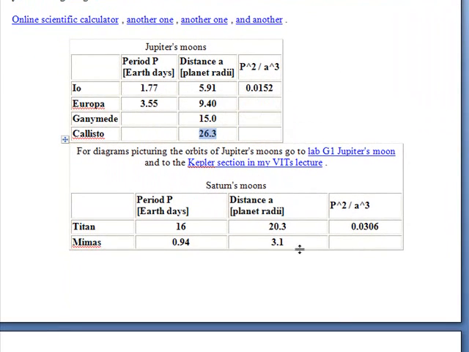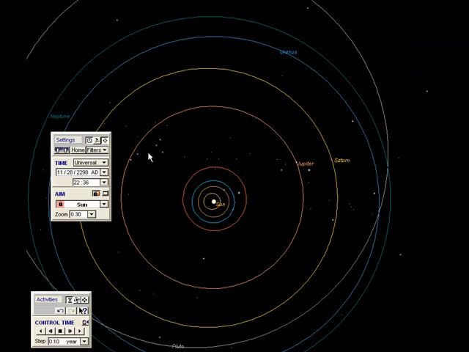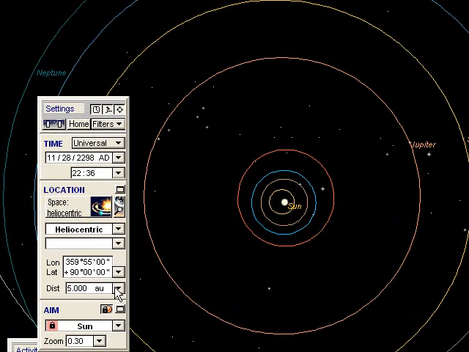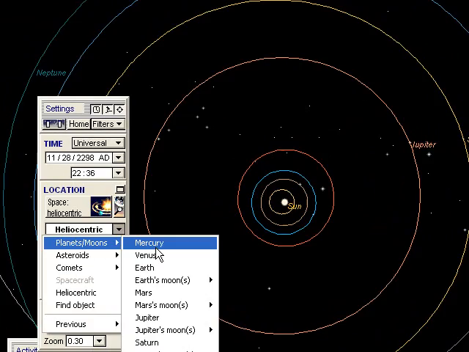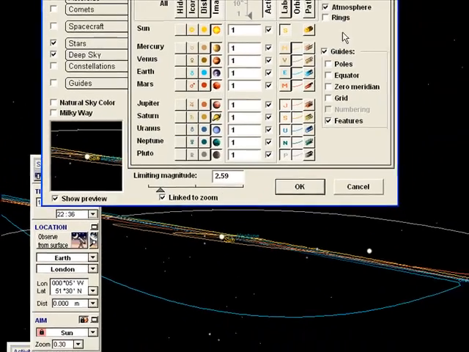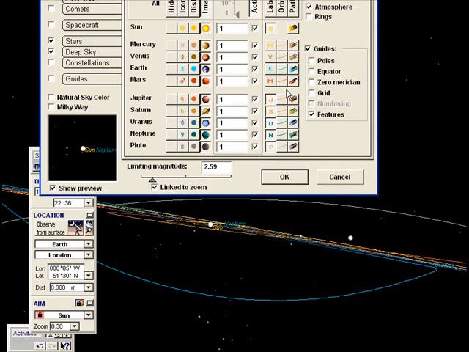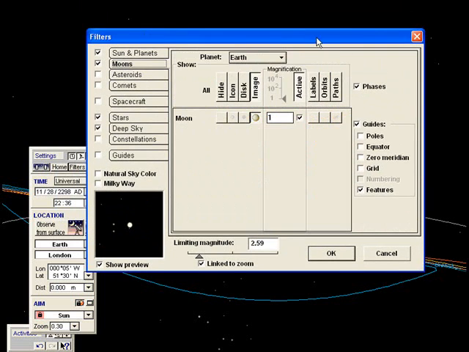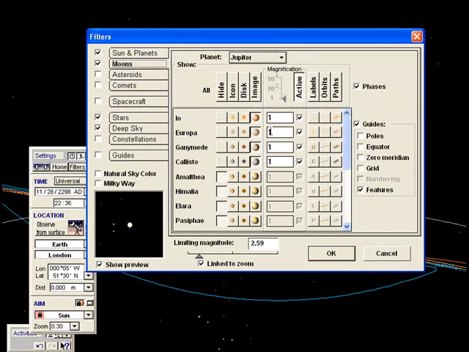Okay, so let's go to the software and look at Jupiter's moons. First, I'm gonna change my location back to Earth. There we go. I got an overkill of stuff on here. I don't need the planet orbits anymore. I don't actually need the planet labels anymore. I'm gonna get the moons specifically for Jupiter, and they're all there. I'm gonna label them.